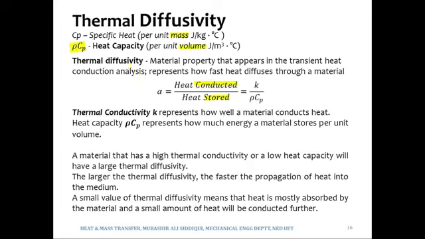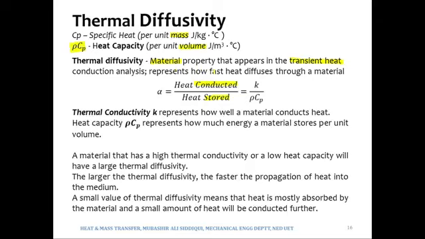Now thermal diffusivity is a material property. First of all, it is very important that it is a material property. It depends upon the nature of the material, just like thermal conductivity, and it appears in transient heat transfer. What does it mean?